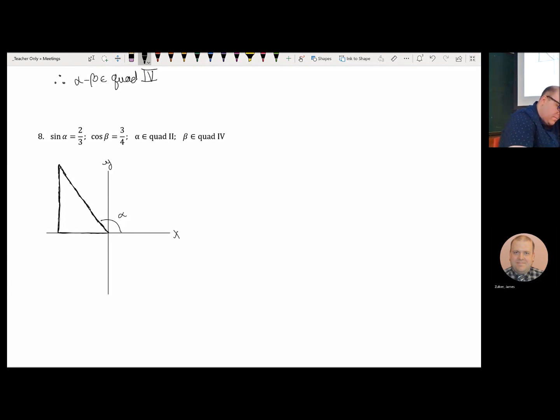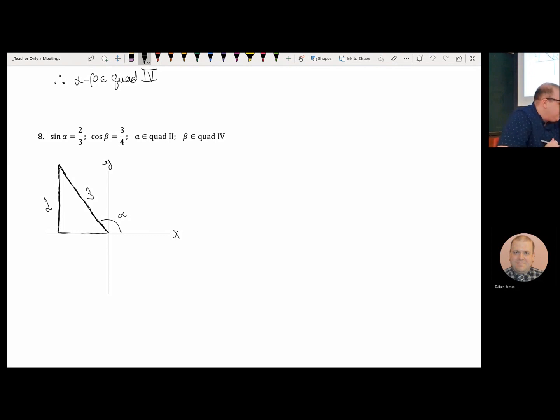You're talking about filling in lengths? So the hypotenuse is 3, well, it's not really a hypotenuse. The ray emanating from the origin, yeah, and then the vertical is 2.